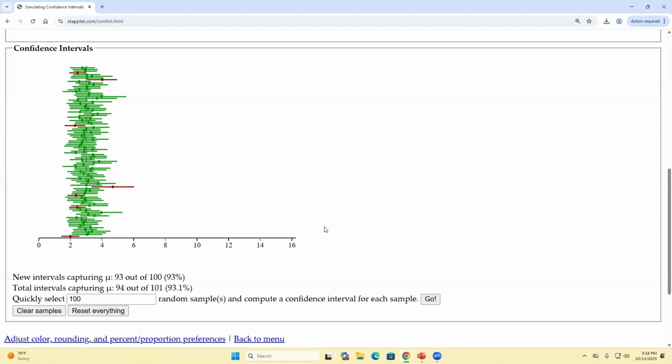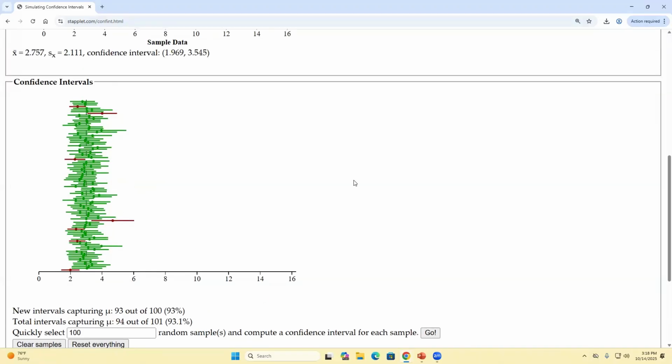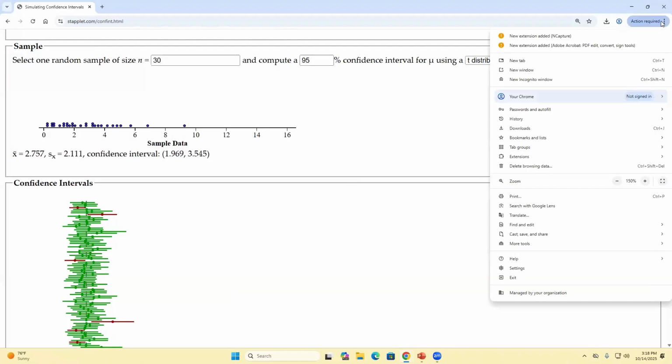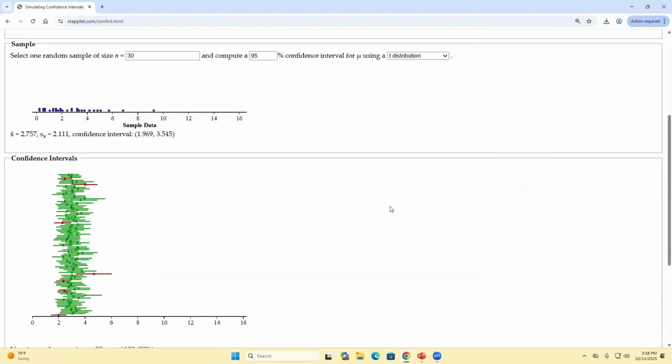The point is the point estimate, and the margin of error is represented by the arms of the interval. To see how that is affected, I'm going to zoom out a little bit. We can go up here and ask this applet to compute a different confidence interval.